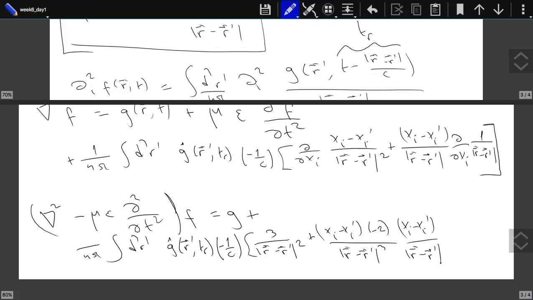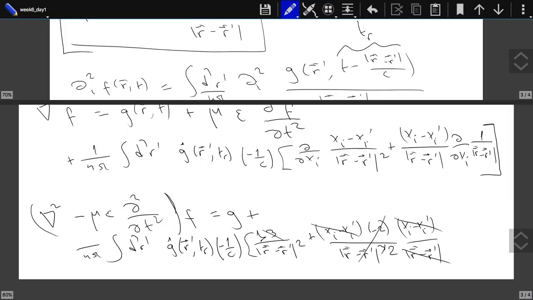This times this is r minus r prime squared. Here I have a cube, so basically this times this divided by these is 1 over r minus r prime squared. I have minus 2, so it cancels 2 of them. And minus 2 divided by r minus r prime squared cancels 2 of these, so I end up having 1 of them. So this is the first term.